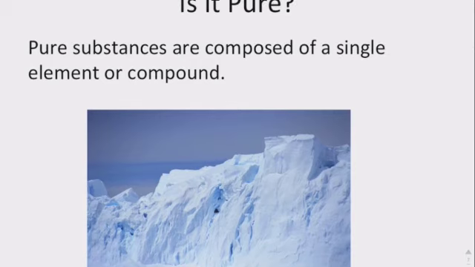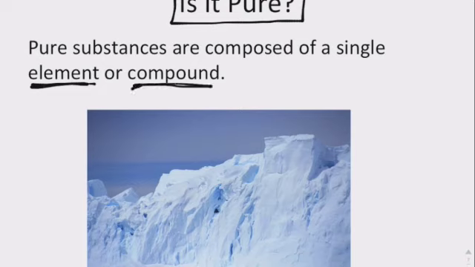So the first question we ask ourselves is, is it pure? To distinguish if something is pure or not, we say that pure substances are composed of single elements or compounds, which we'll define in just a little bit. So it's either one type of element or just one type of compound.